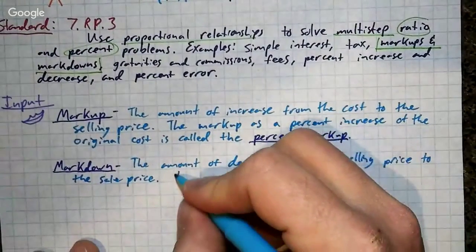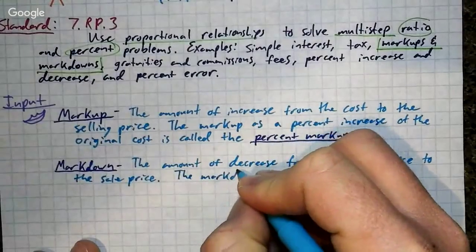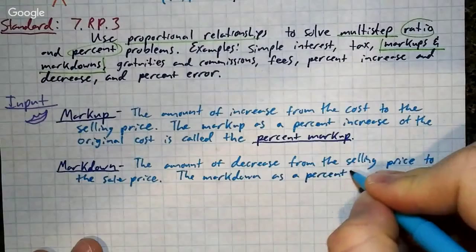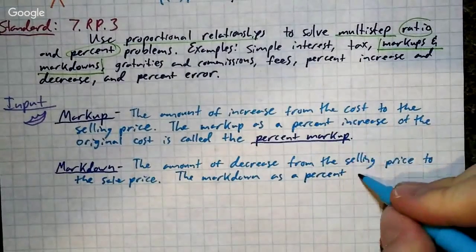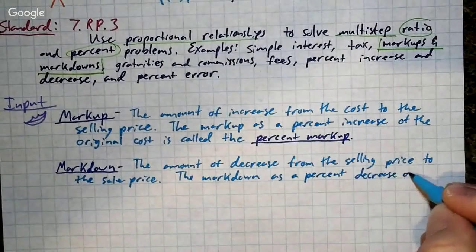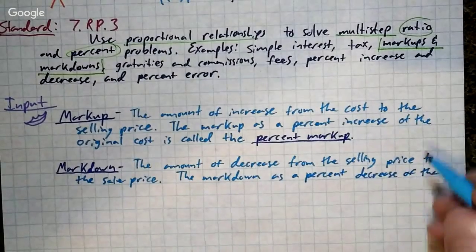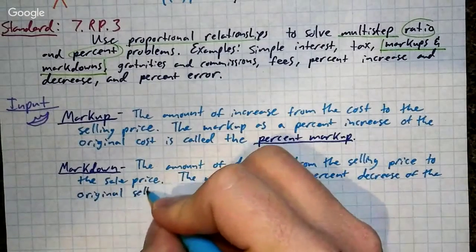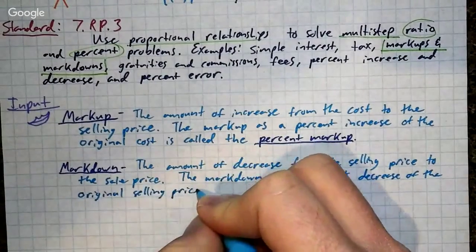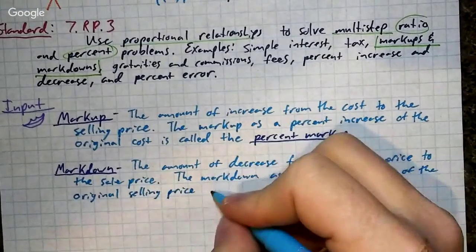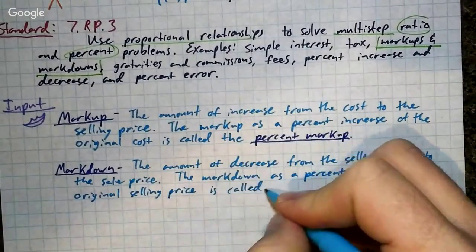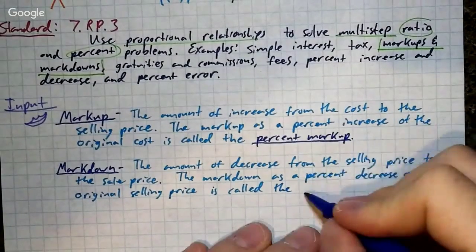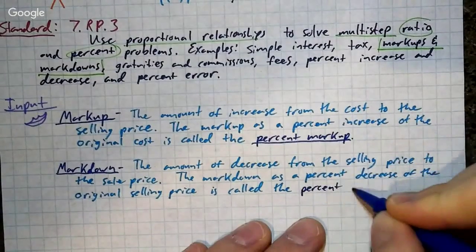And then the markdown as a percent decrease of the original price is called, and I'm going to use this because it could be another term, the percent markdown.